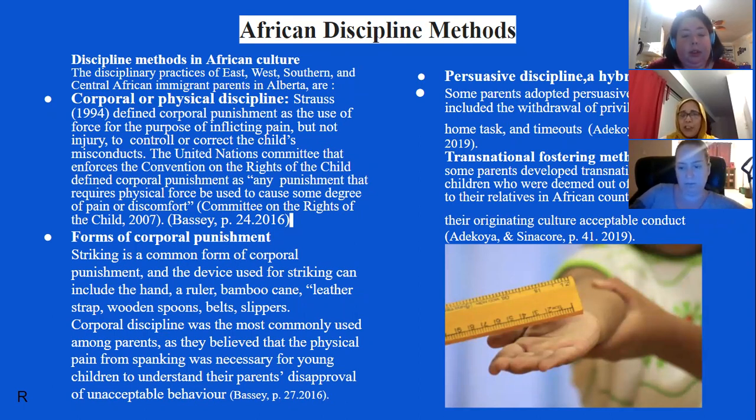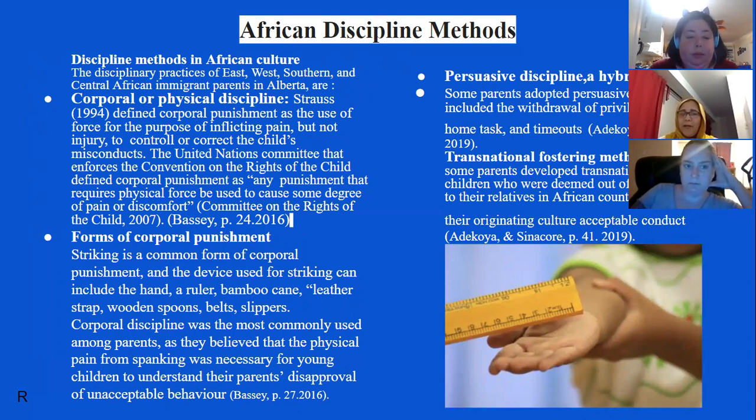The United Nations Committee that enforces the Convention on the Rights of the Child defined corporal punishment as any punishment that requires physical force to cause some degree of pain or discomfort for the child.